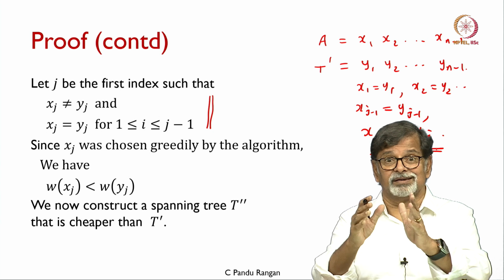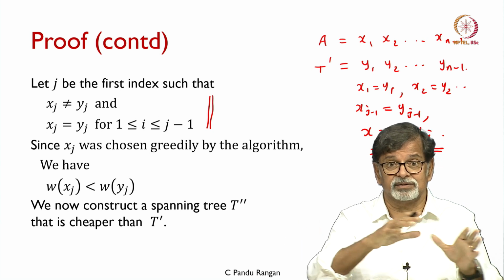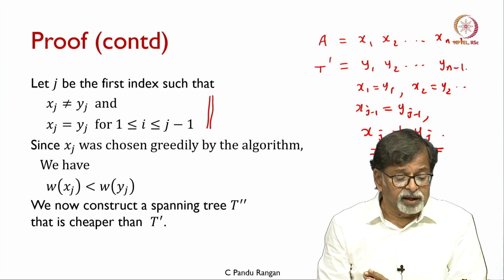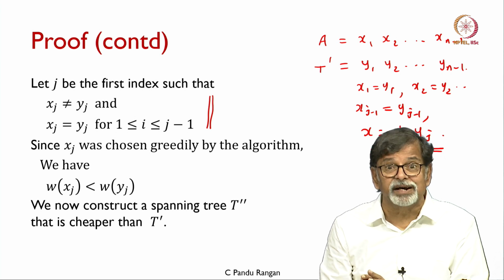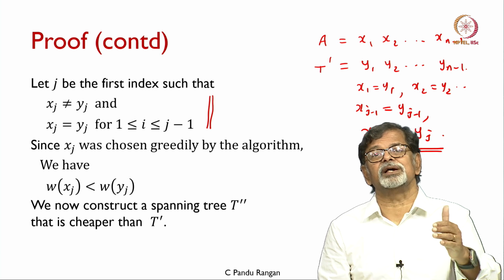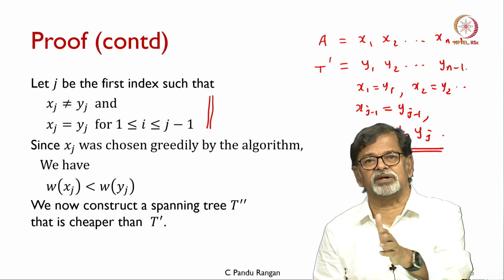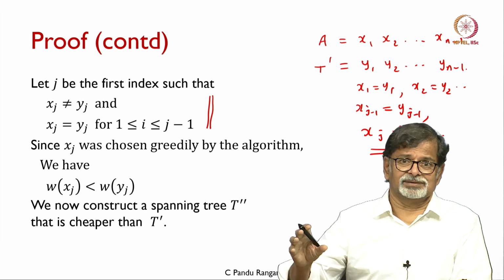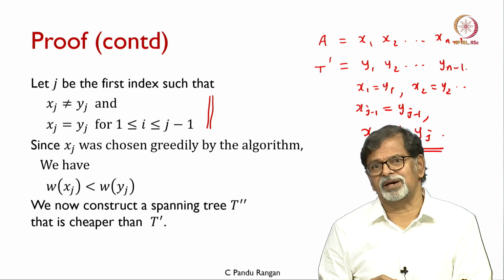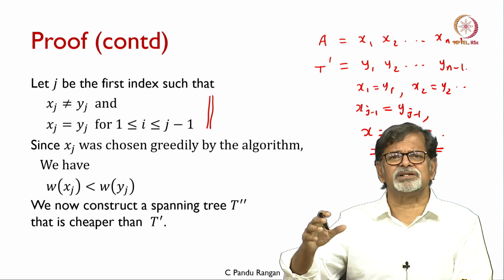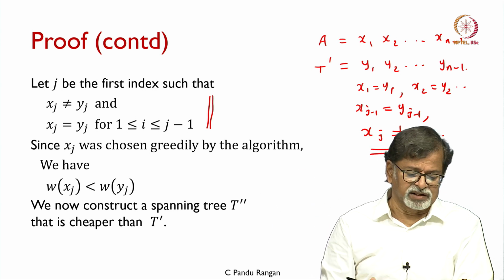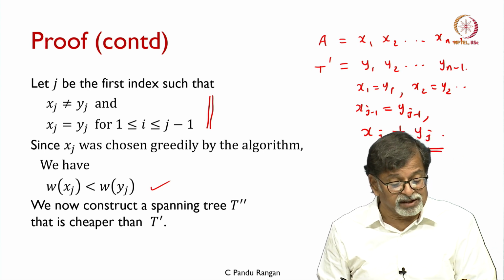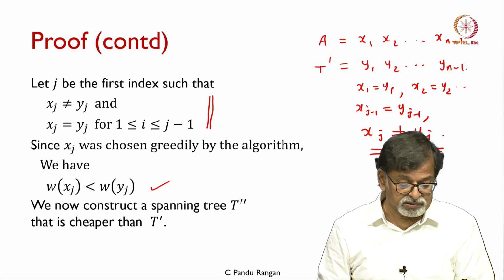The first position where the sequences differ; it should differ somewhere. Since xj was chosen greedily, that is after choosing x1 up to xj minus 1, xj is chosen as the edge that has the cheapest possible weight. Therefore, any other edge will be costlier. That is the reason why we have this property, w of xj is less than w of yj.